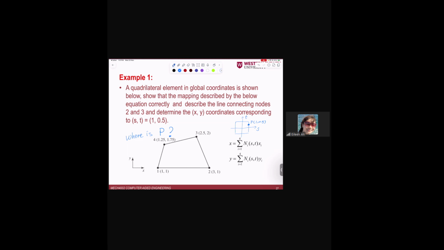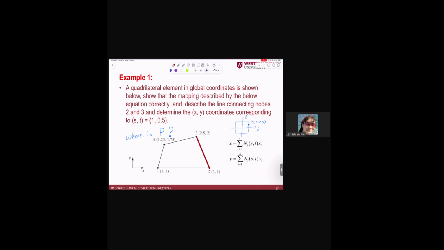Why? Because P is on the right edge, right? Okay, yes. P is on the right edge. Great, we all agree with that.